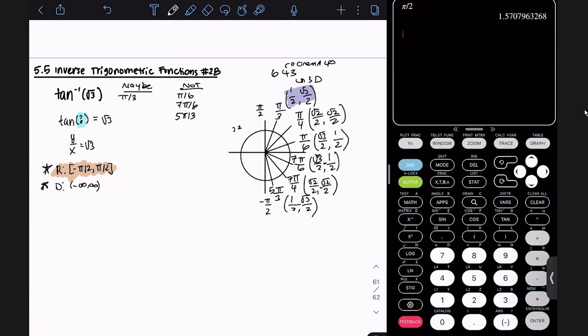So pi divided by 2 is about 1.5. So we're really saying that the range has to be between negative 1.5 and 1.5. And square root of 3 over 2, let's look at what that one is. So 0.9 is between negative 1.5 and 1.5, and therefore our answer is pi over 3, which is basically saying the arctangent of square root of 3 is equal to pi over 3.